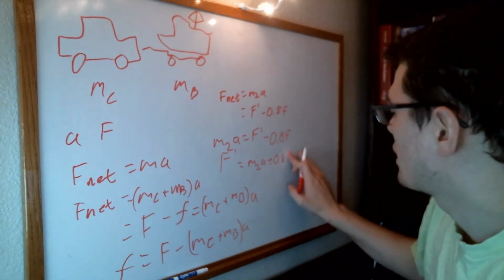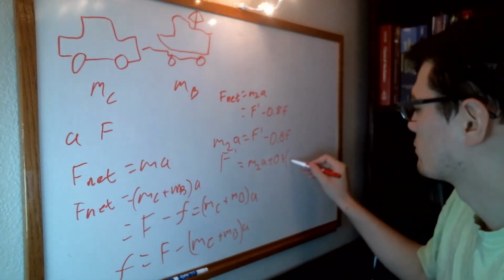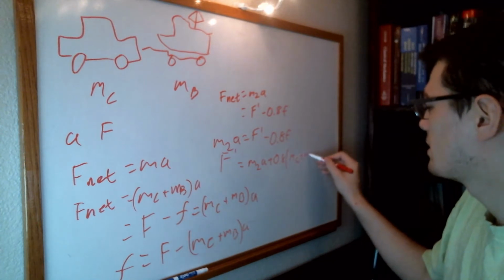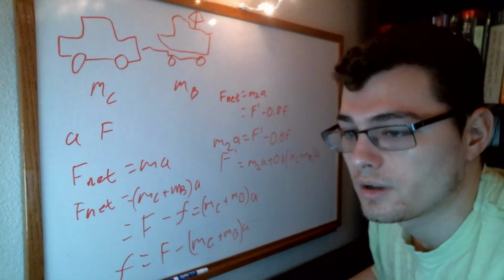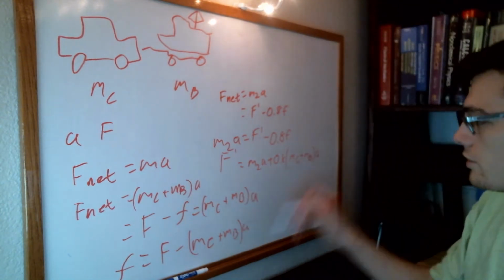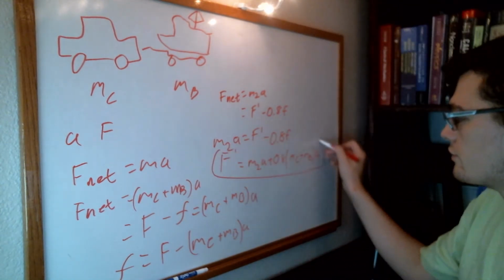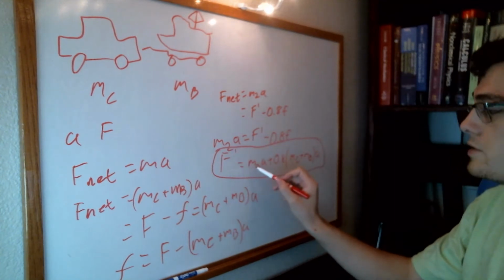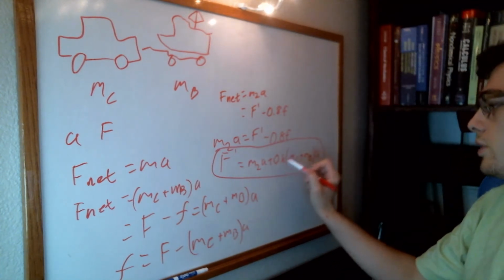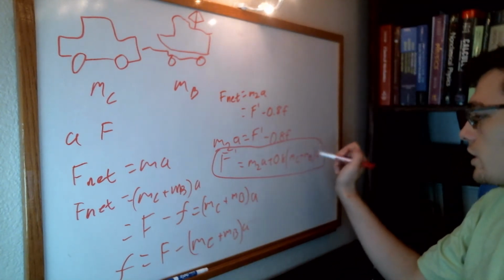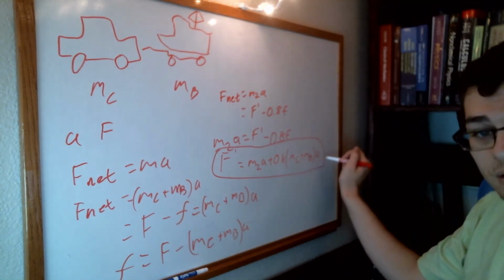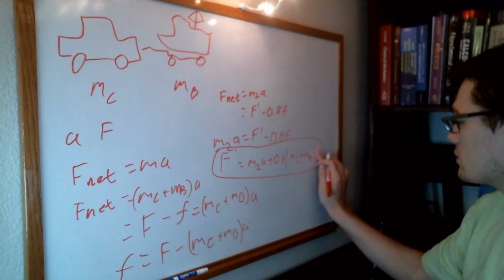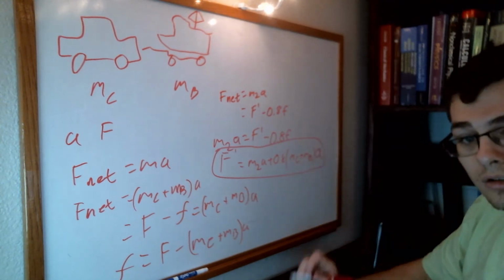But then we know what F is, so we're just going to write that as MC plus MB times A. And then you can plug in all your numbers here and solve for this force. Again, this is F prime is equal to M2A plus 0.8 times the quantity MC plus MB times A. So this is an A over here.